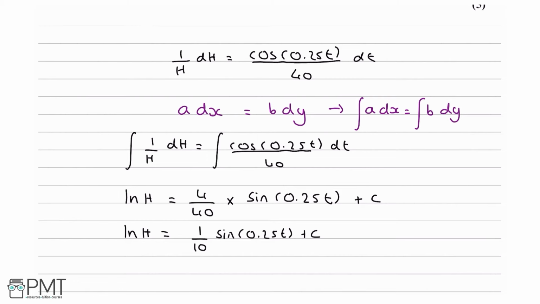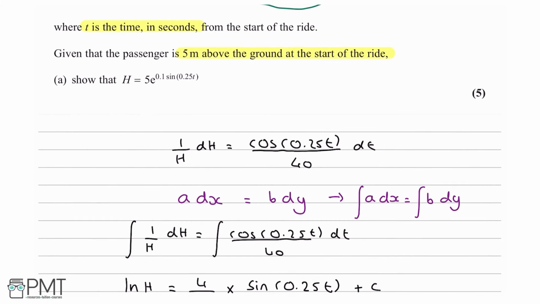Okay, now we need to find the value of our constant c. How do we go about that? Well, if we come back to our question, we are told, given that the passenger is 5 meters above the ground at the start of the ride, this means that at t equals 0, h equals 5.